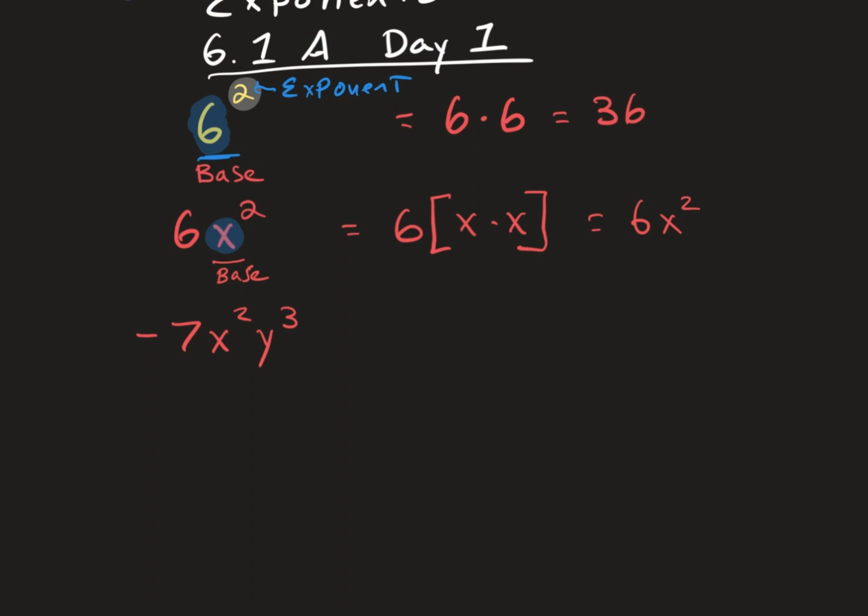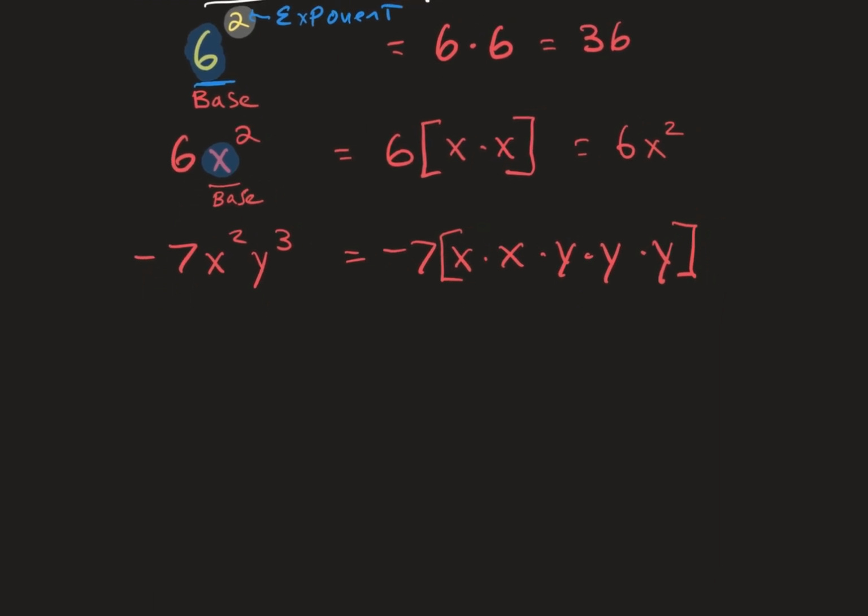So if I was going to write this out and expand it, we would say that this is negative 7 times x times x times y times y times y. We've got 2 x's, x squared. We've got 3 y's, y cubed. This is what we call the expanded form of that. And you're not going to have to do too much of this today. You're more going to evaluate them. But it's important you understand what it means to be a base and what it means to be an exponent.